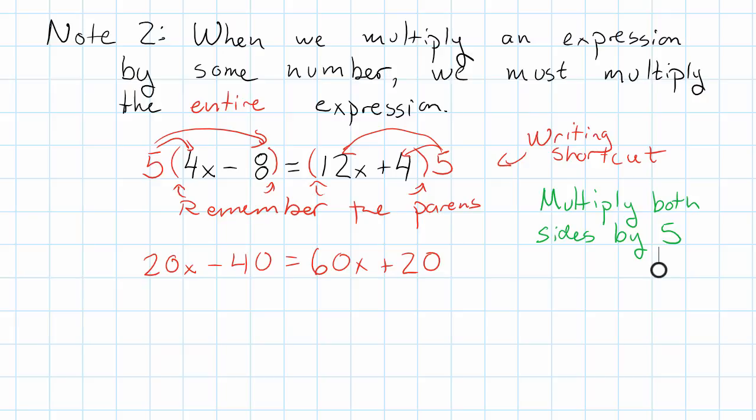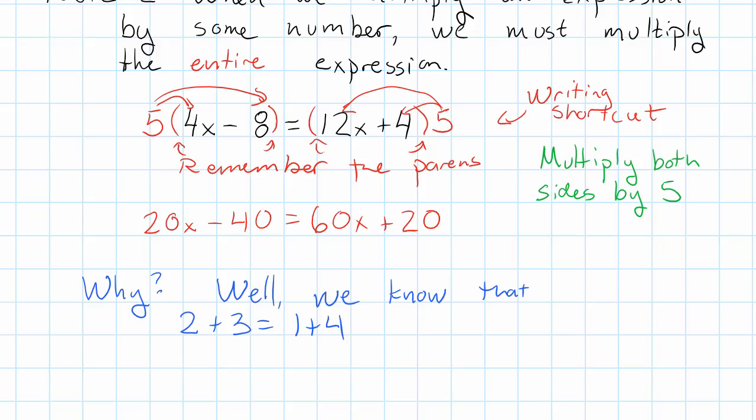Let's take a quick look at something with just numbers and see why this has to be so. We know that 2 plus 3 equals 1 plus 4. But now, let's say we took it into our head to multiply both sides by 2.